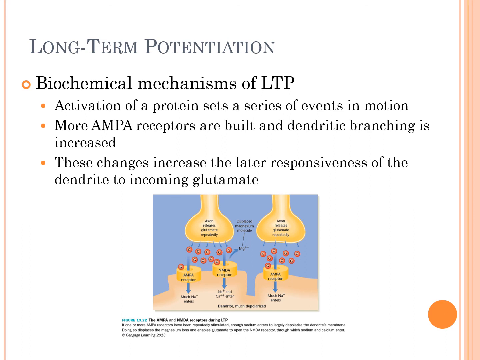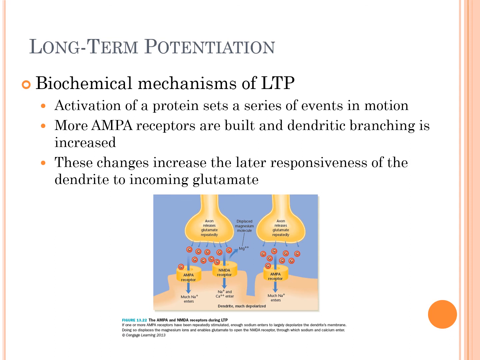The NMDA receptor also allows in sodium, but it also allows in calcium, which is also a positively charged ion. But calcium does a number of things. It allows for metabolic changes within a cell, and so now we can activate a protein which sets a series of events into motion where more AMPA receptors are built and dendritic branching is increased.